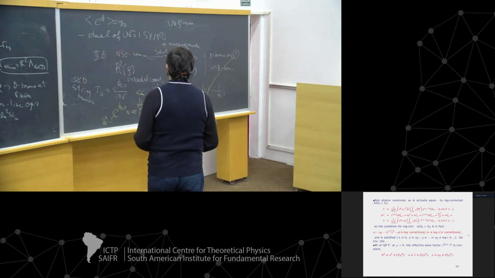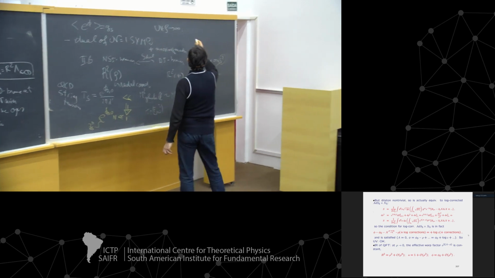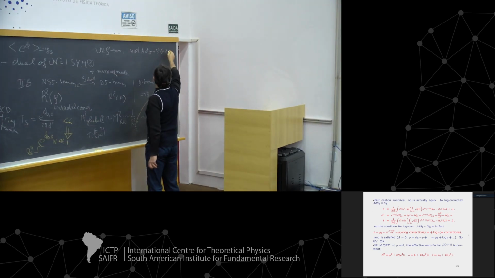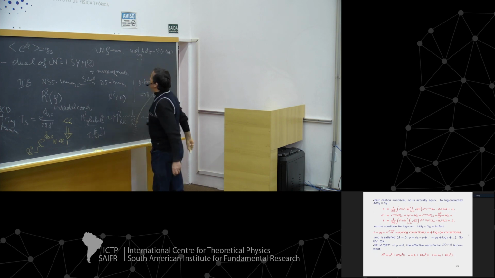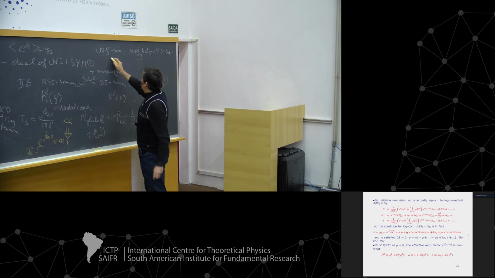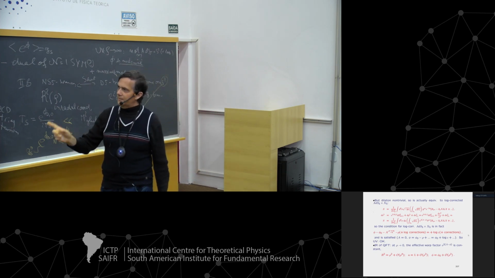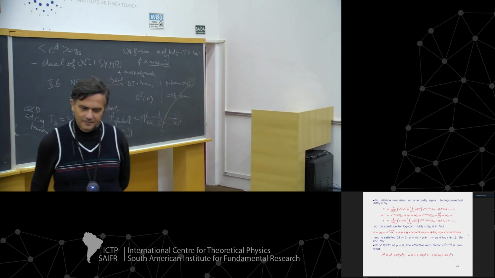Well, so this is not AdS-5 cross S5, maybe times log corrections. But the solution to this puzzle is that phi, the dilaton, is non-trivial. And in the previous cases, the dilaton was trivial.